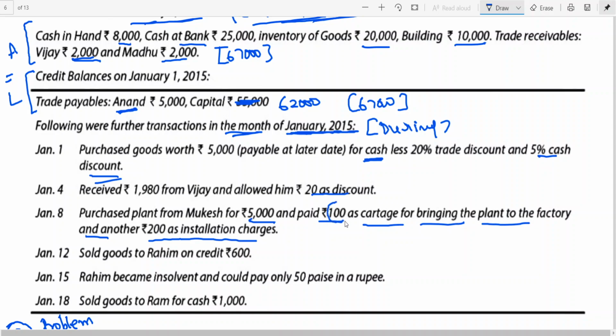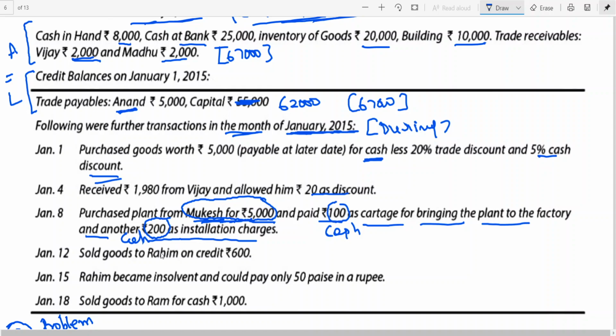Generally these two have to be paid in cash because the labor won't accept credit. But since purchase of plant from Mukesh has been given, with the name of the supplier, this is a credit transaction. The 5,000 rupees worth of plant is a credit transaction. This 100 rupees is a cash transaction. This 200 rupees is a cash transaction.